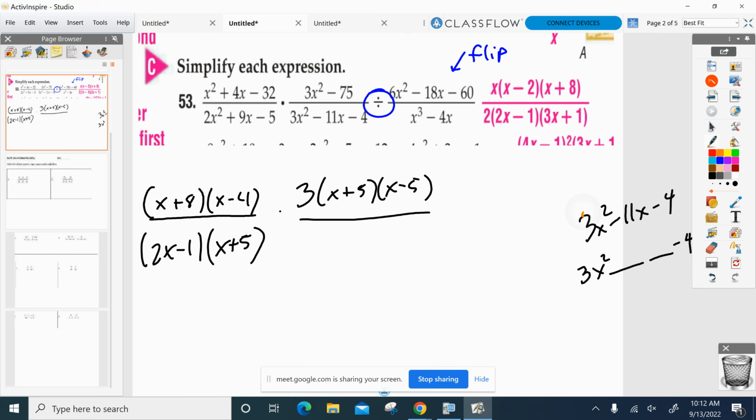No. You got to do this first: A times your C first. It gives you negative 12. Now find numbers that multiply to negative 12 first, and then give you 11.